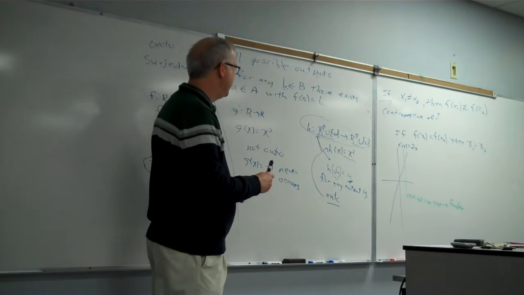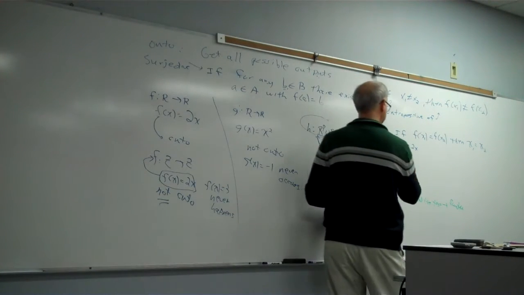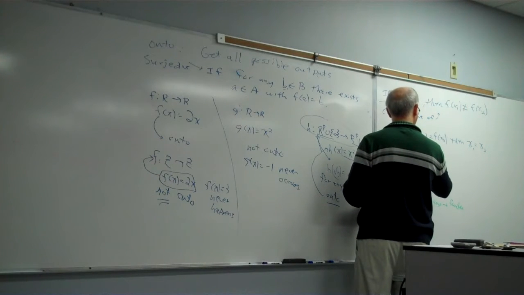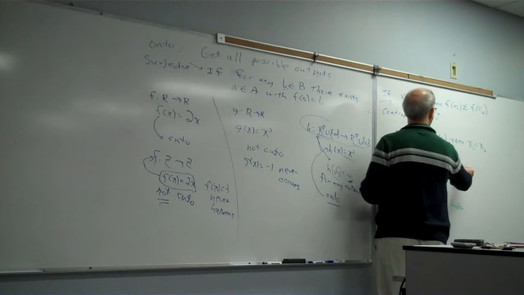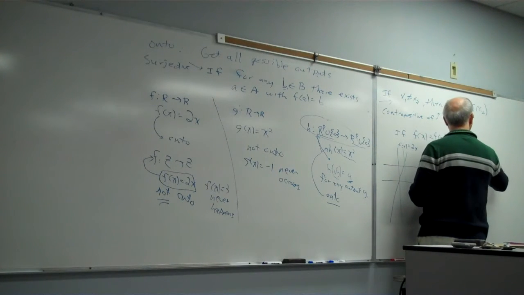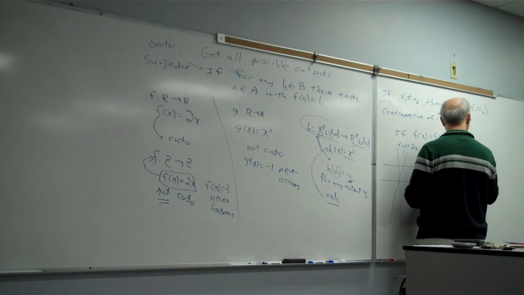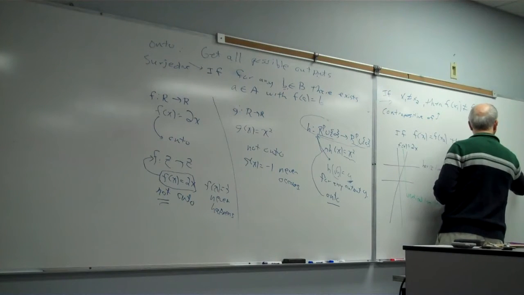In terms of what we're looking at now, though, there's actually what I would call a horizontal line test. If we cross at least once, always, the function's onto.